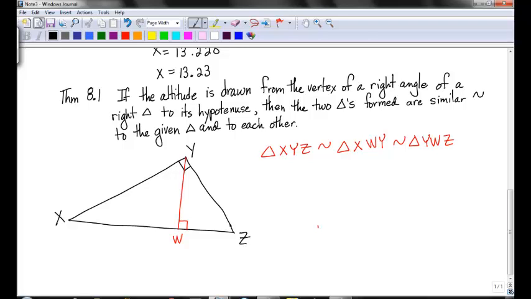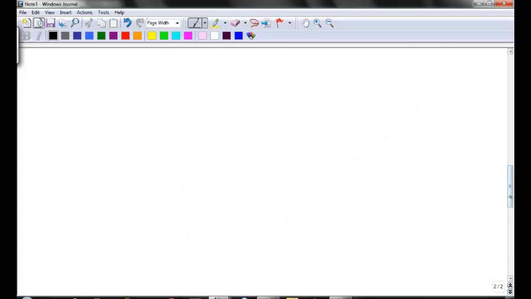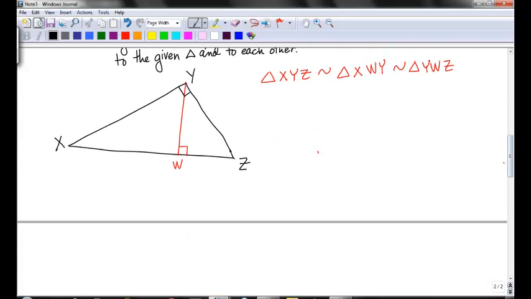Then the author goes through theorem 8.2, and it's called the geometric mean (altitude theorem).